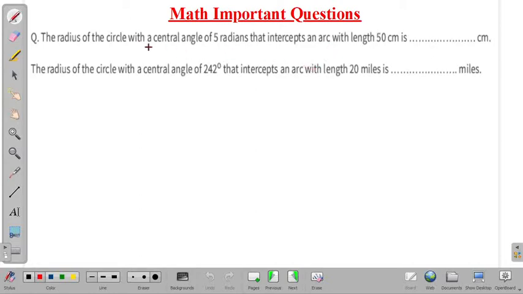In the first part, the central angle is given in radian and the length of arc is given in centimeter, and we need to find the radius of the circle in centimeter. In the second part, the central angle is given in degrees and the length of arc is given in miles, and we need to find the radius of the circle in miles. Okay, so one by one we will discuss.